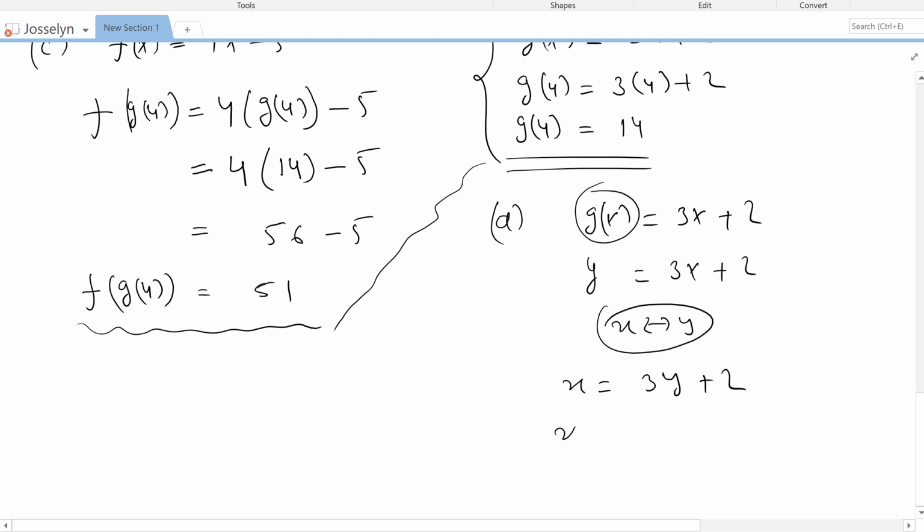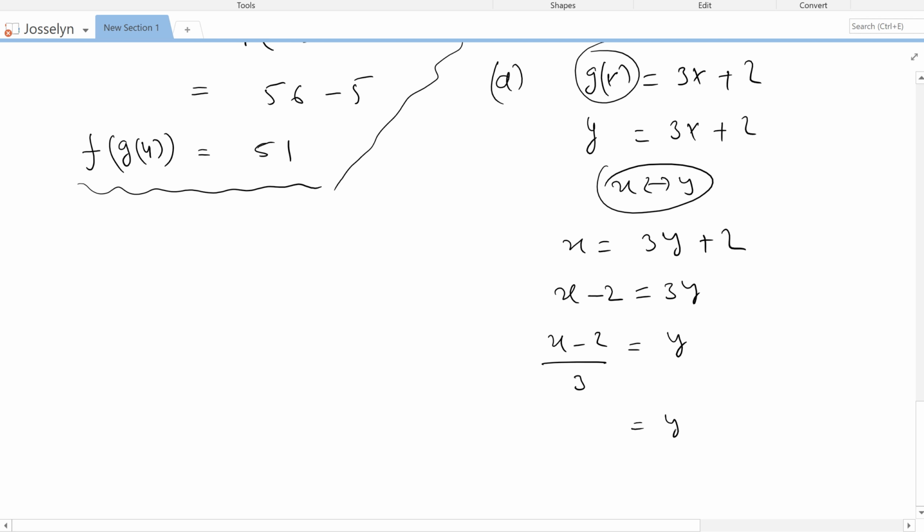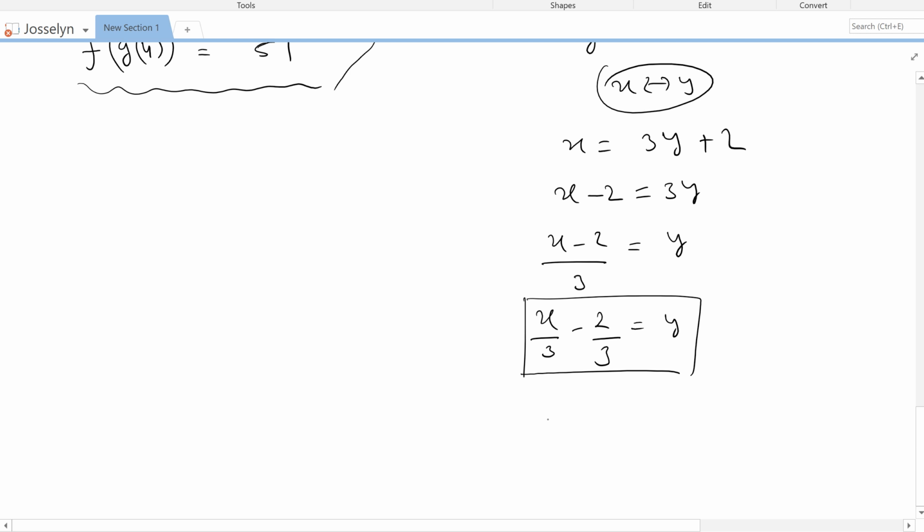Now out of that equation we're going to isolate y. In order to isolate y, we subtract 2 from both sides. Good. And then we divide both sides by 3. So your y is equal to x over 3 minus 2 over 3. Now this thing is my g inverse.